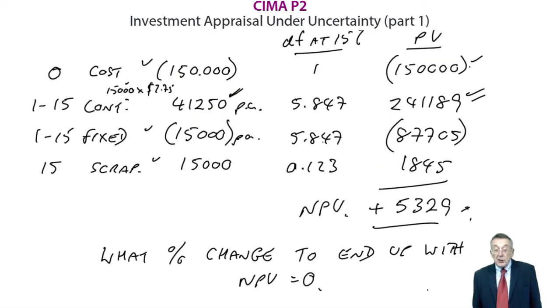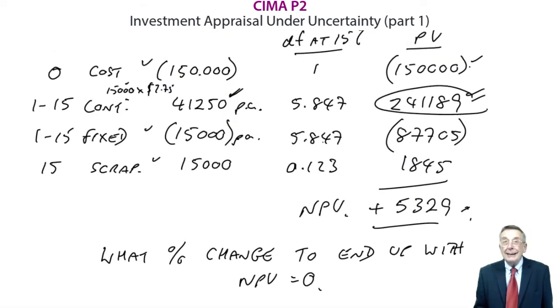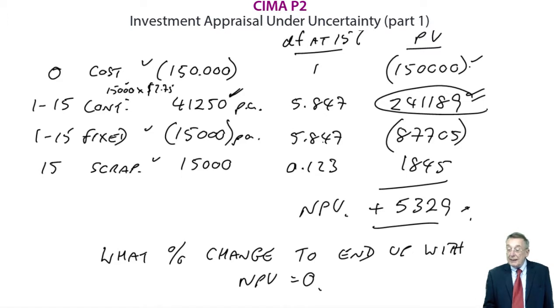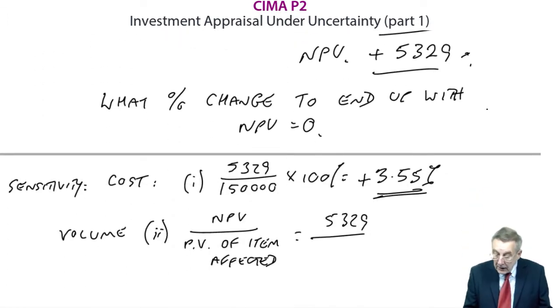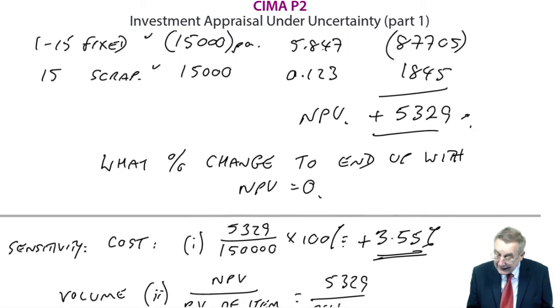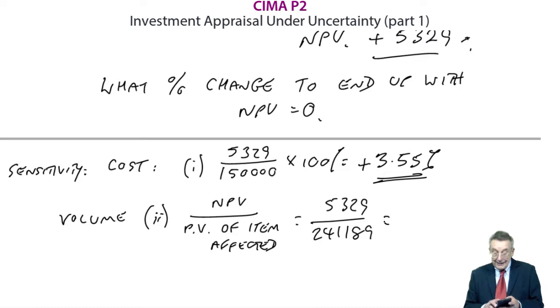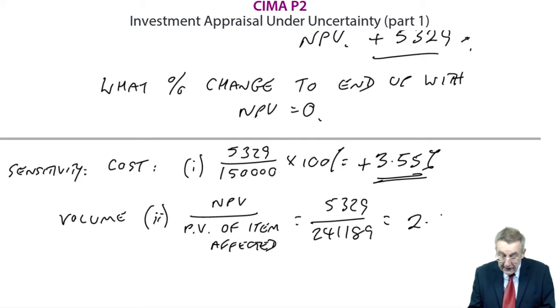The present value that's going to change is that 241. For every percent the volume falls, the present value will fall by a percent as well. And so 241,189. In percentage terms, what do I get? I get 2.21%.